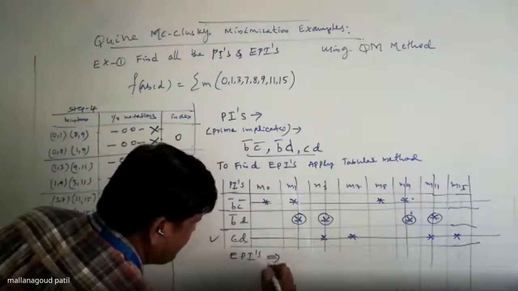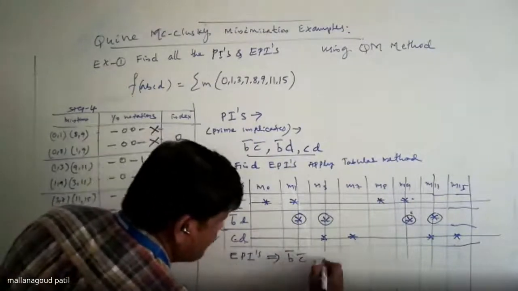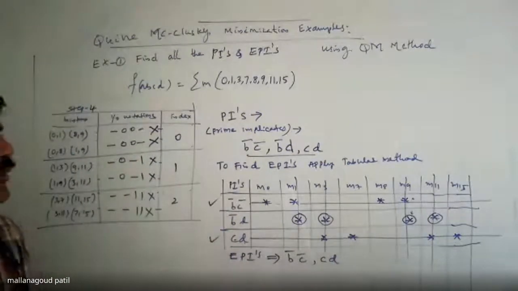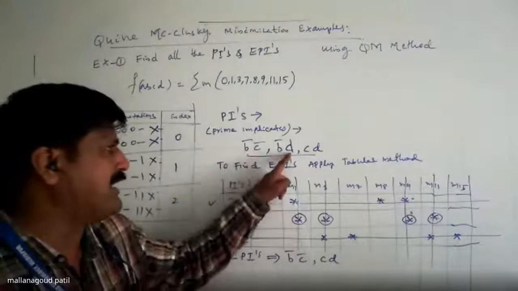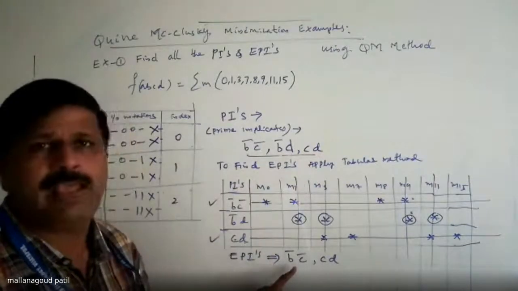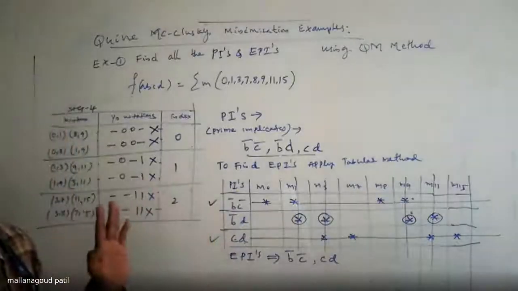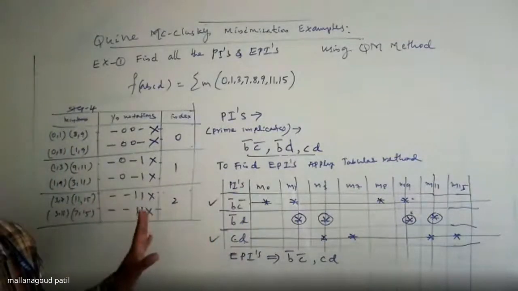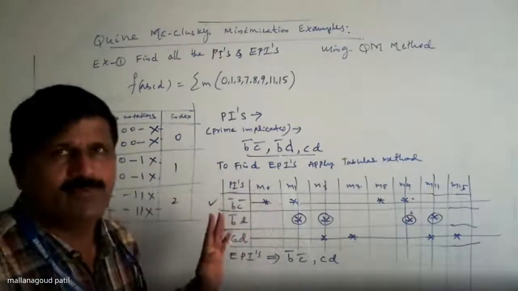EPIs are B bar C bar, next CD. Then how many are PIs? 3: B bar C bar, B bar D, CD. Then how many are the EPIs? Essential prime implicants: B bar C bar and CD. Only 2.